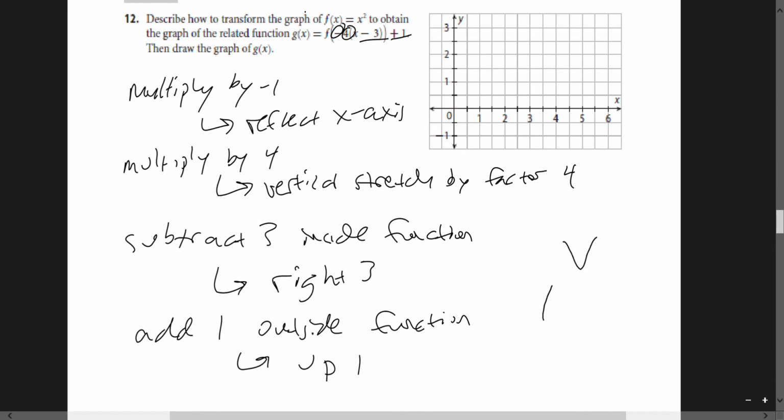So you should be able to see the vertex should be at 3, 1. Vertex is going to be here at 3, 1. And it's going to be opening down with a slope of 4.